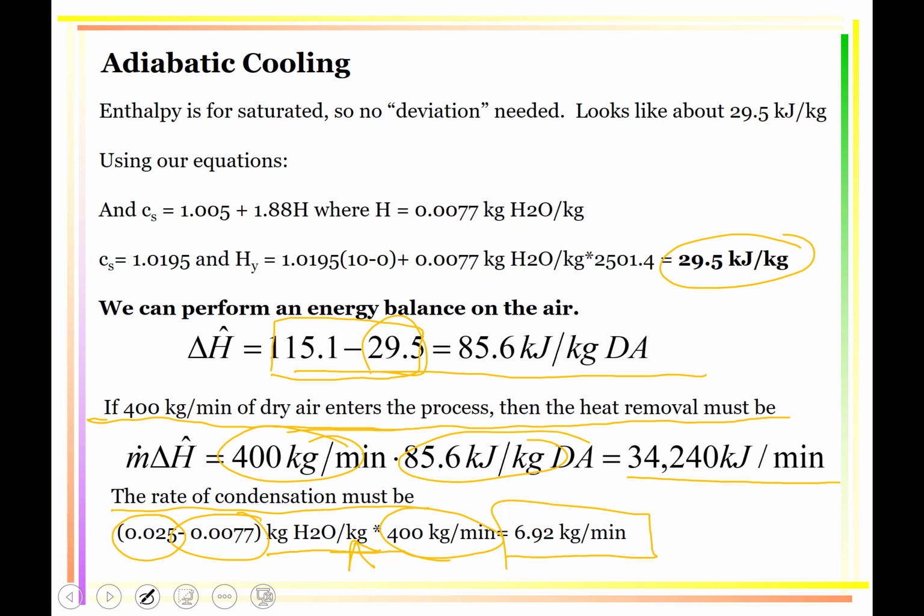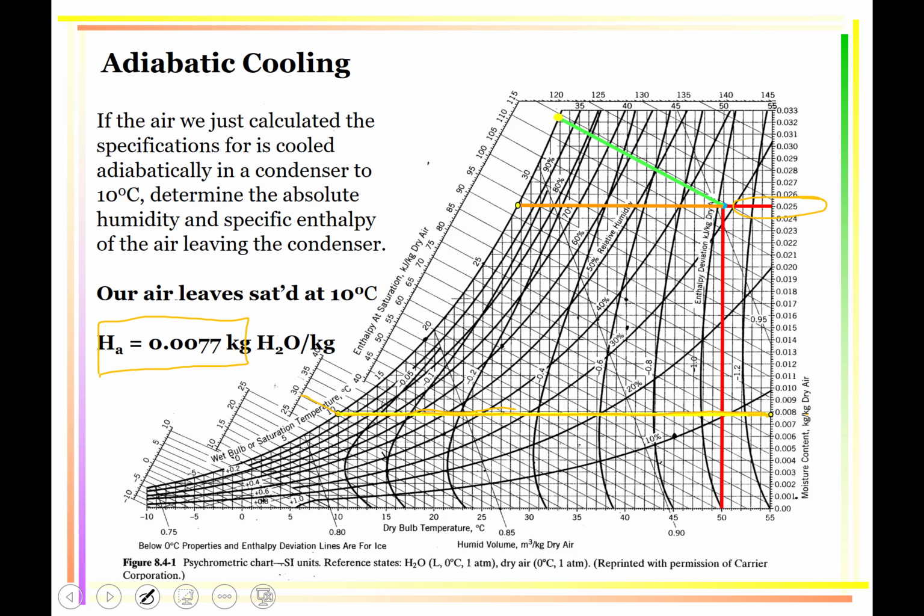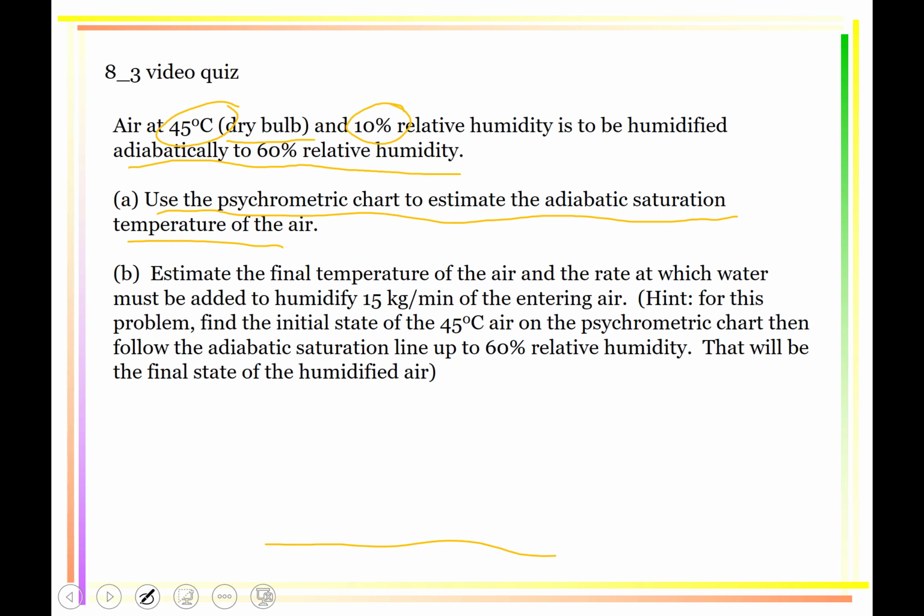So I'm just going to show you on this diagram basically what we're going to do here. Our initial air is 45 degrees and 30% relative humidity, and we are going to humidify it adiabatically to 60% relative humidity.